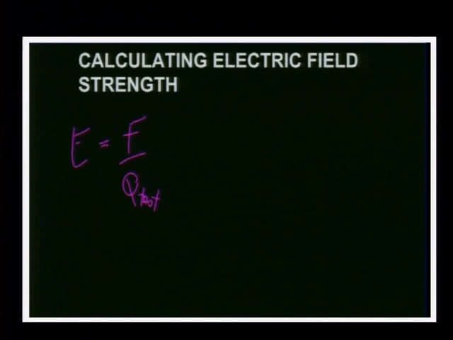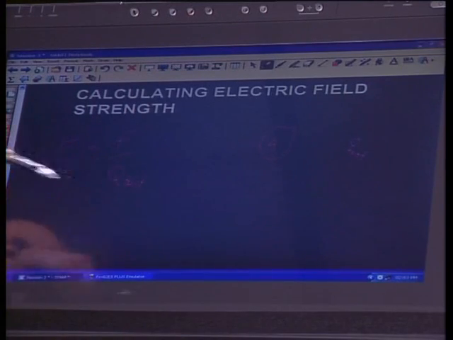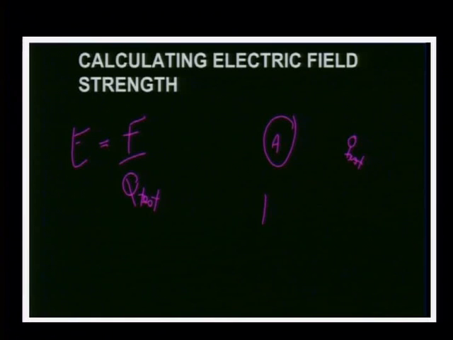So if we had two charges, one I'm going to call A, and the one I'm going to call test, then what we also know is that if we take Coulomb's law, we can work out what the force is.